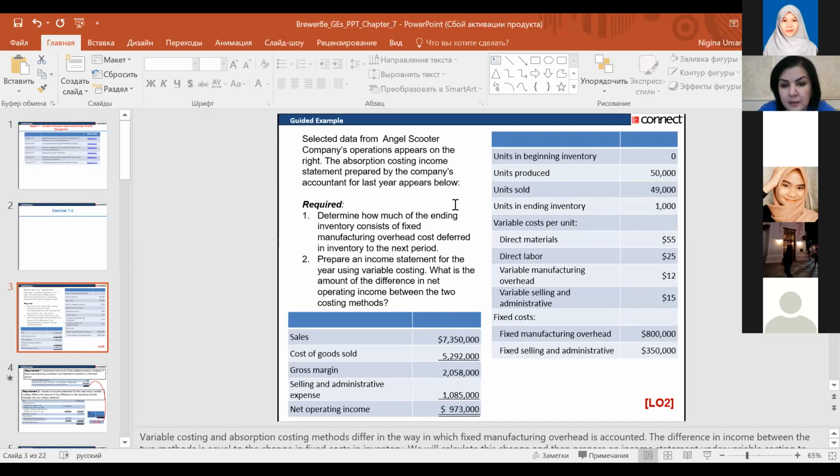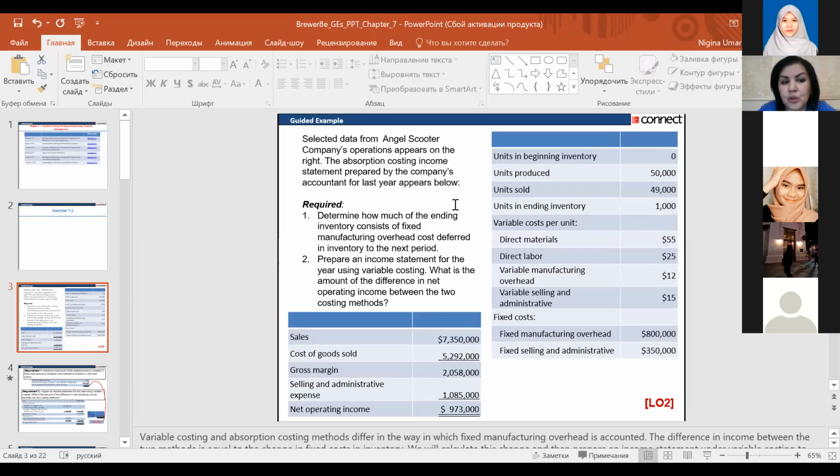Starts with sales, right? Right. So sales revenue. We are on the variable costing system, right? So we have sales revenue. Then sales revenue is the same.